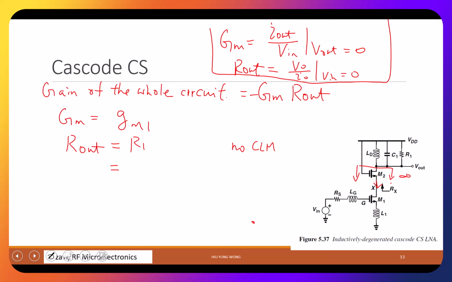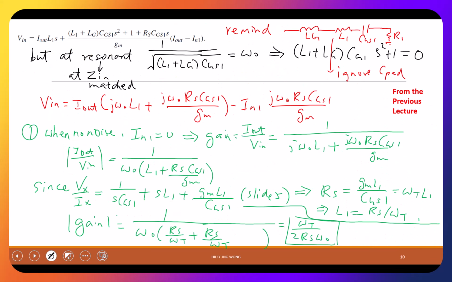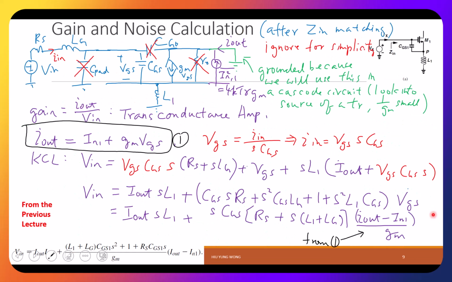The previous stage is this current, let's call it I dash. We have the GM equal to I dash divided by V in. This is the previous stage. Where's that? Here, right?